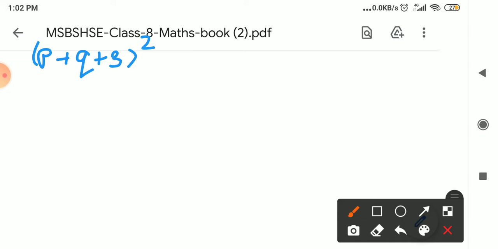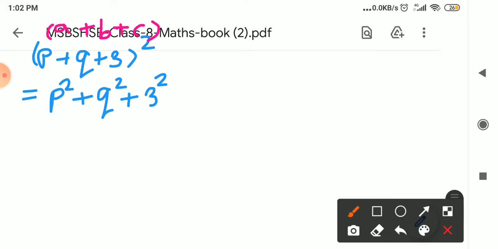So formula is that first term A square. A square means what? P square. B square means Q square and 3 square. Okay, factorization I will write here, so it will be clear for you. A plus B plus C, this formula we are using to factorize this.